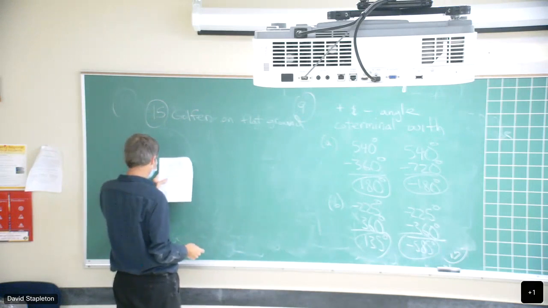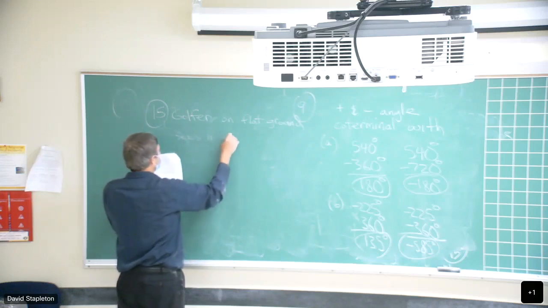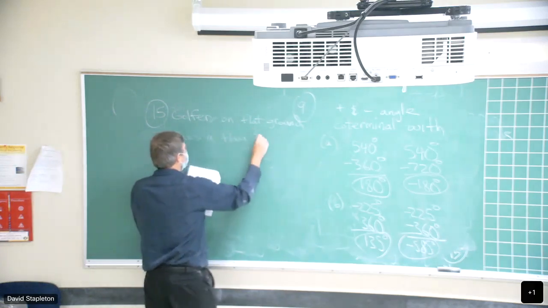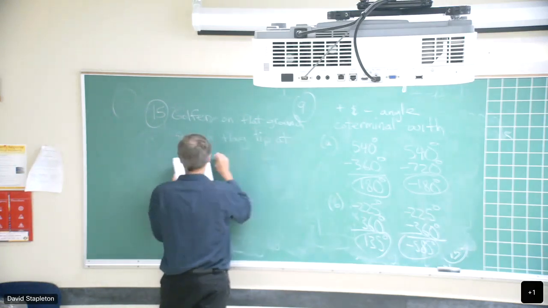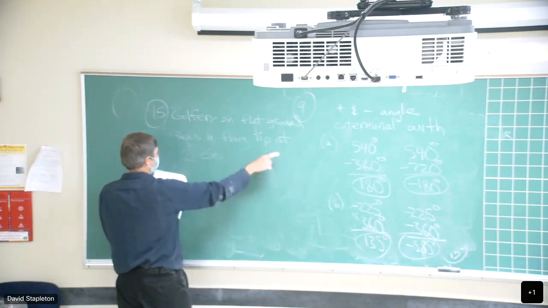Golfer on flat ground sees a flag whose tip is at an angle of elevation of 2 degrees from the horizontal.